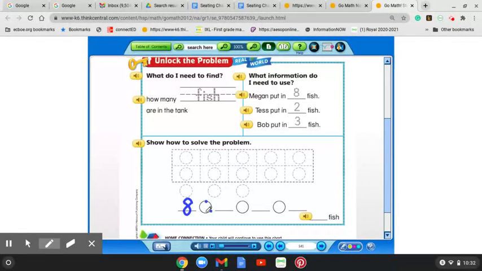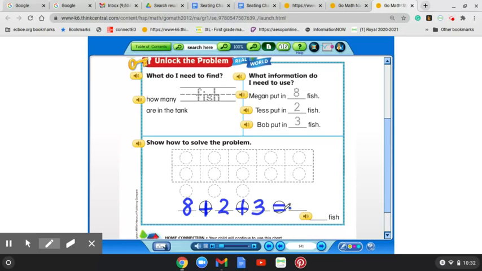We will put a plus sign, but it looks like my pen has frozen. Okay, and then Tess put in 2, so we will put 2. And then Bob put in 3 fish, and we will put another plus sign because we are adding 3 numbers, and then we will put a 3. And then we will make sure to put our equal sign.